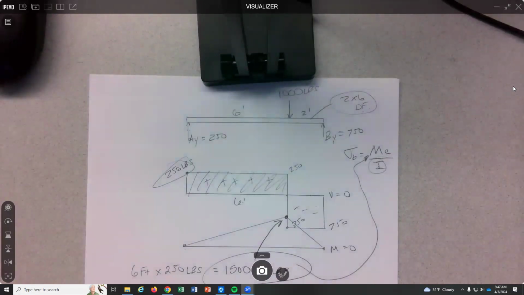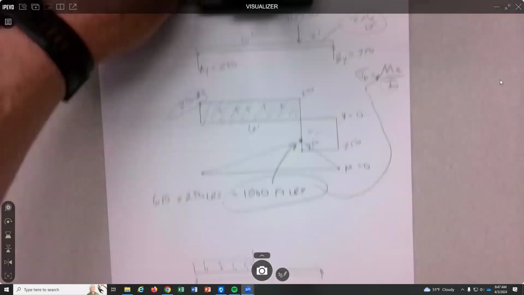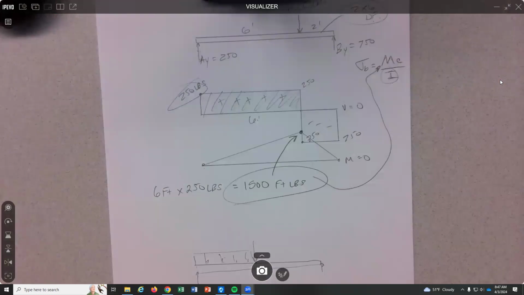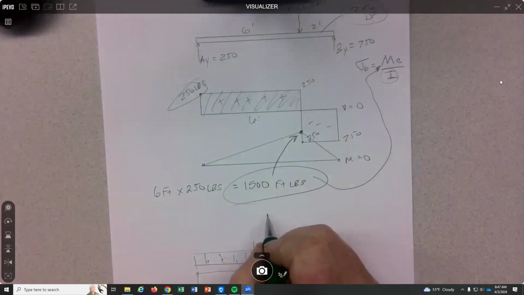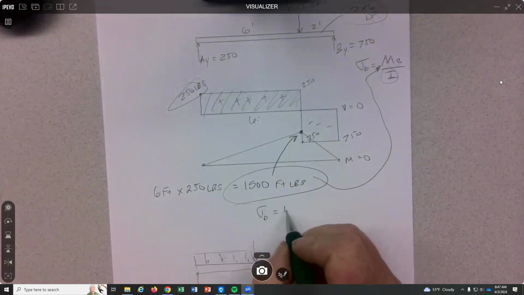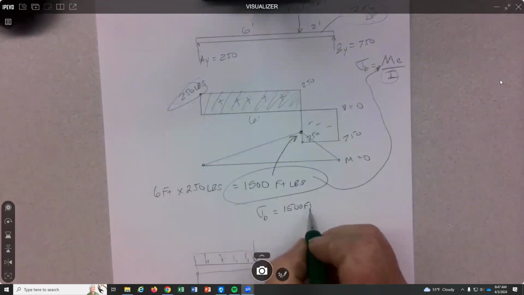Now we can calculate bending stress. So be careful when you do it. Because you have 1,500 foot-pounds.